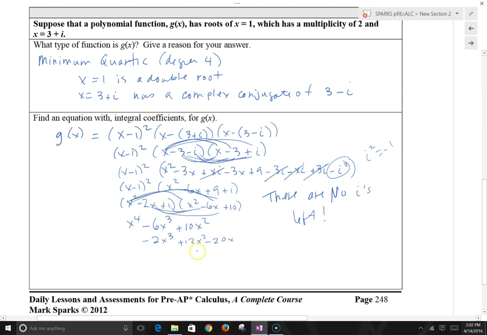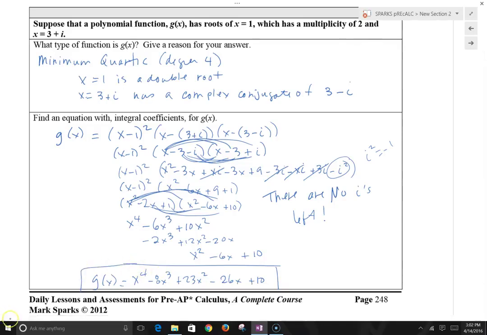And then I've got 1x squared minus 6x plus 10. x to the 4th minus 8x cubed plus 23x squared minus 26x plus 10. And this is g of x.